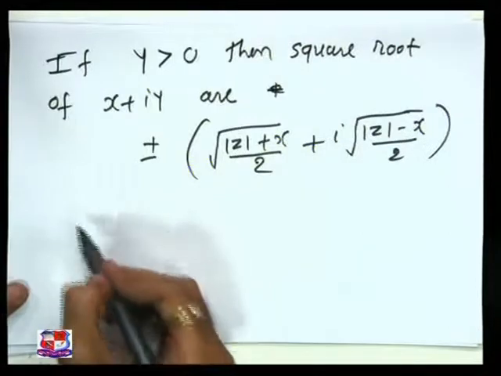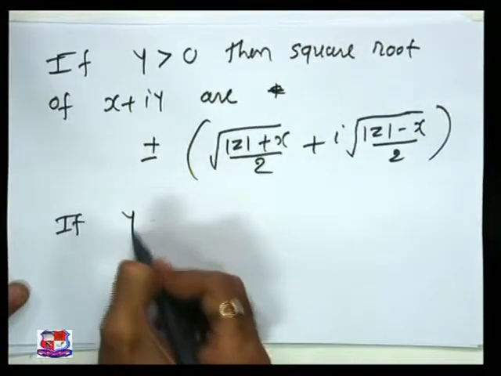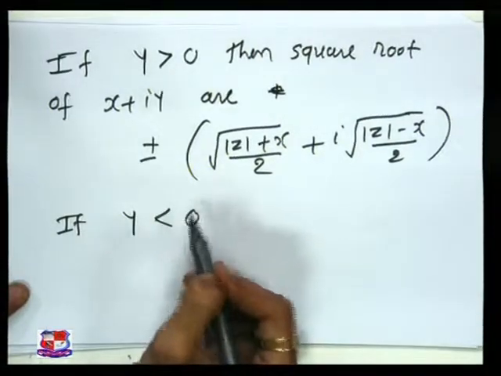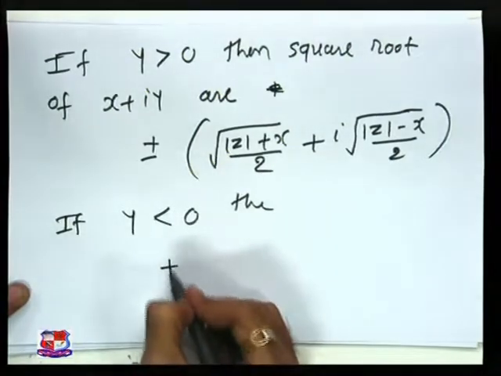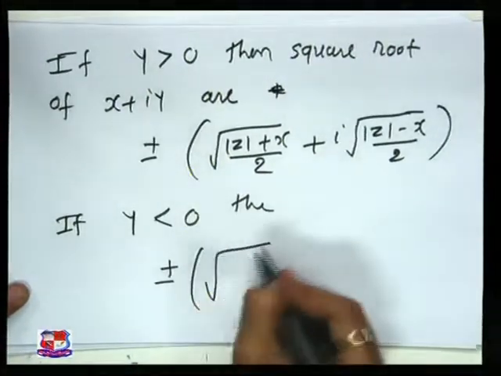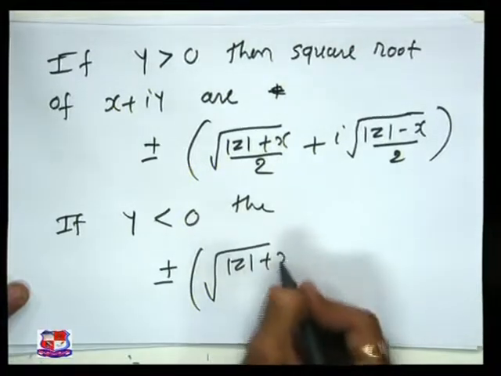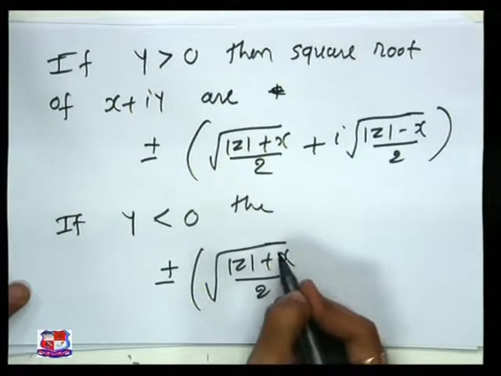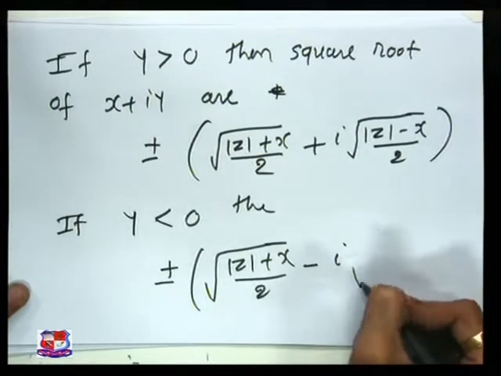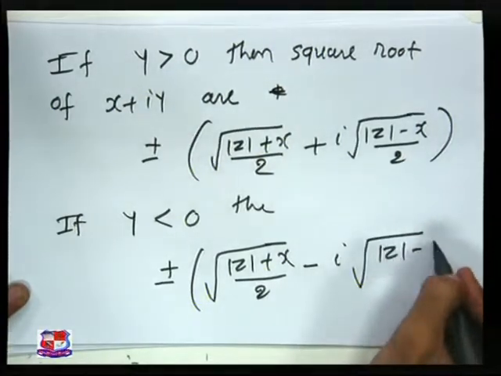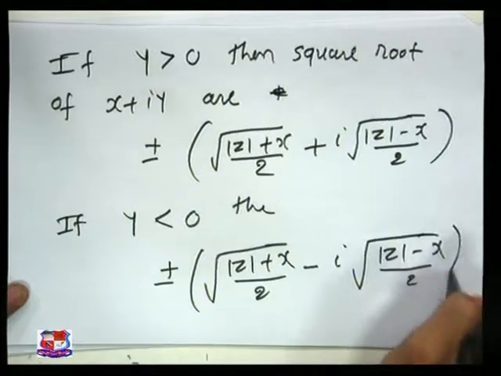In the same way, if y is less than 0, then the square root is given by plus or minus root of mod z plus x divided by 2, and here I will put minus i into root of mod z minus x divided by 2.